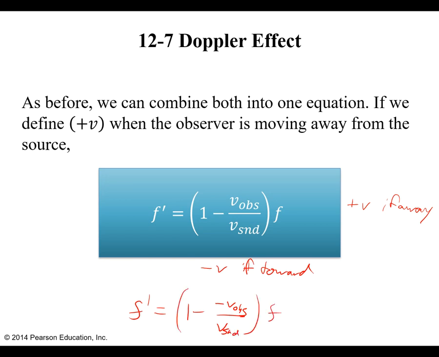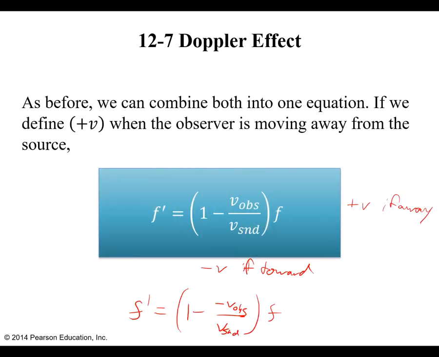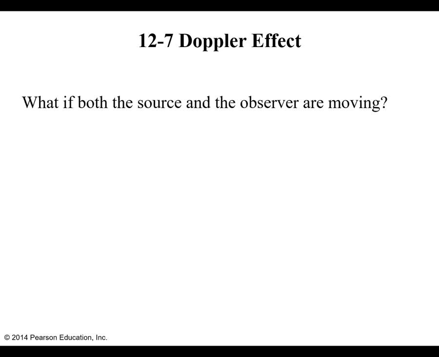And because you have minus a negative, that becomes positive, gets you back to the original equation we had earlier. So that handles both if a source is moving and if an observer is moving.